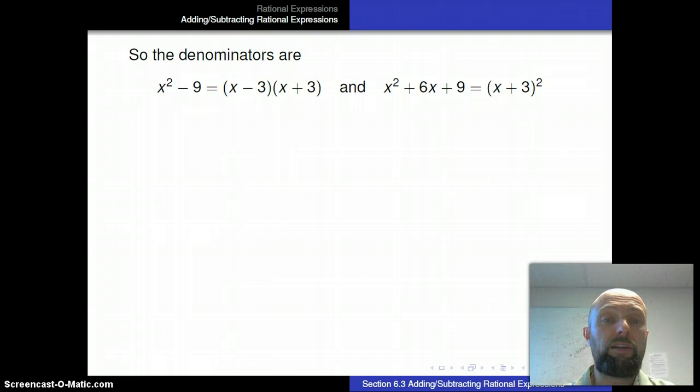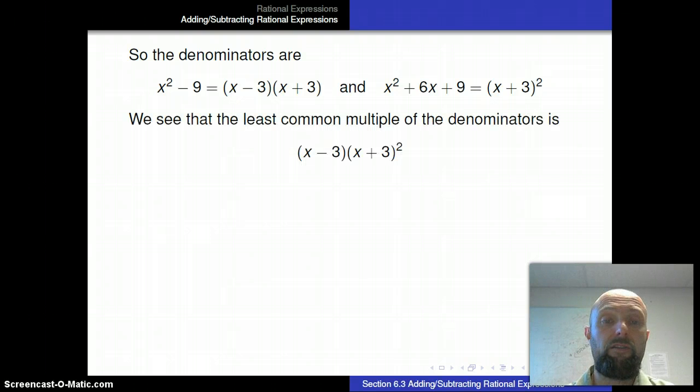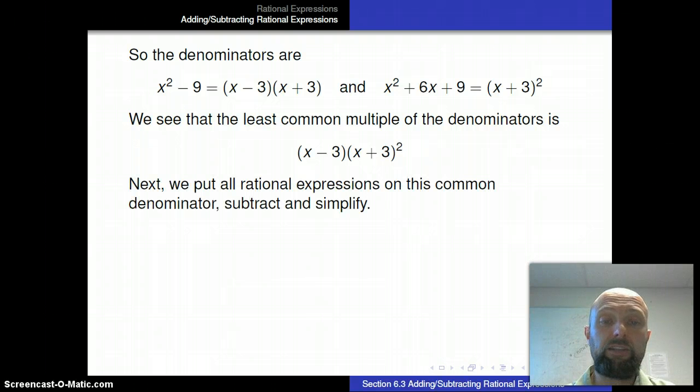So our denominators are x minus 3 times x plus 3 and x plus 3 squared. We see that the least common multiple of the denominators is x minus 3 times x plus 3 squared. Next, we put all rational expressions on this common denominator, subtract, and simplify. So first, we replace the denominators by their factored version.